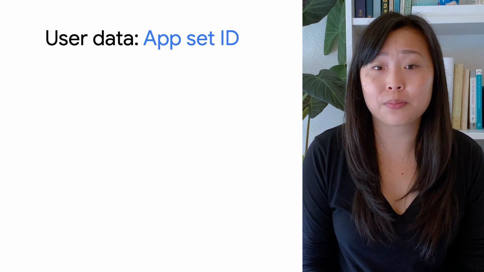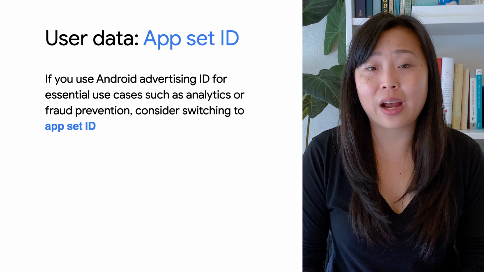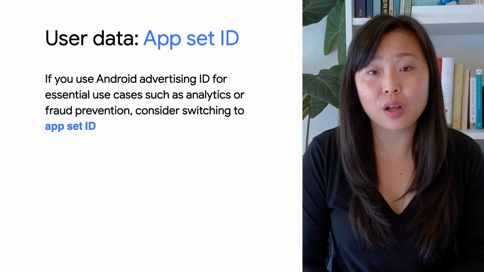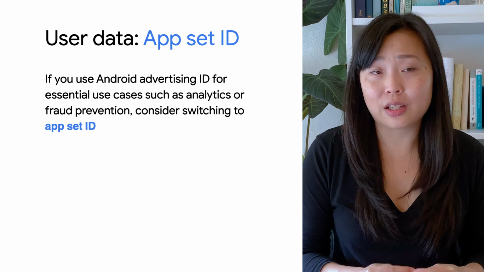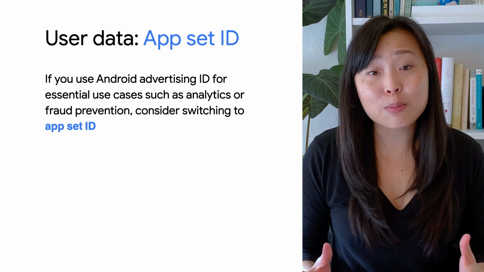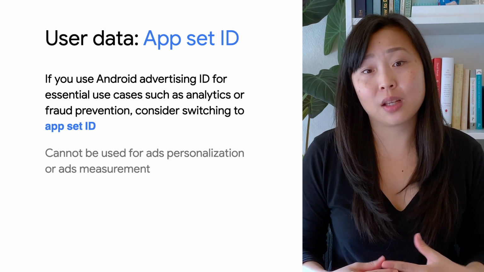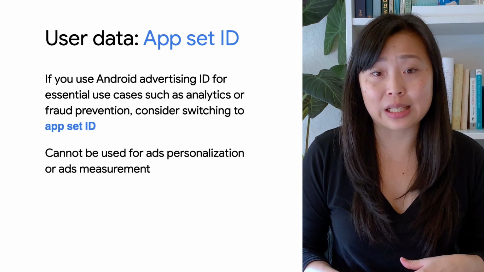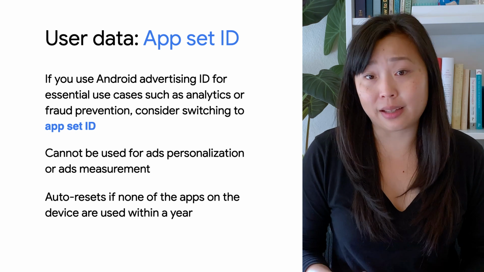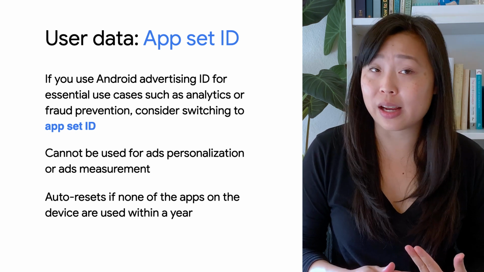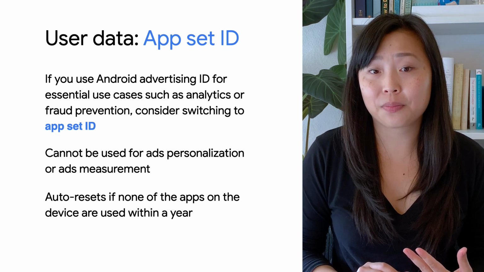For these purposes, we're providing a more privacy-friendly alternative called AppSet ID. This ID is one unique identifier for all apps by the same developer on the device. You cannot use this ID for ads personalization or ads measurement. It will automatically reset if none of the developer's apps on the device are used within a year.